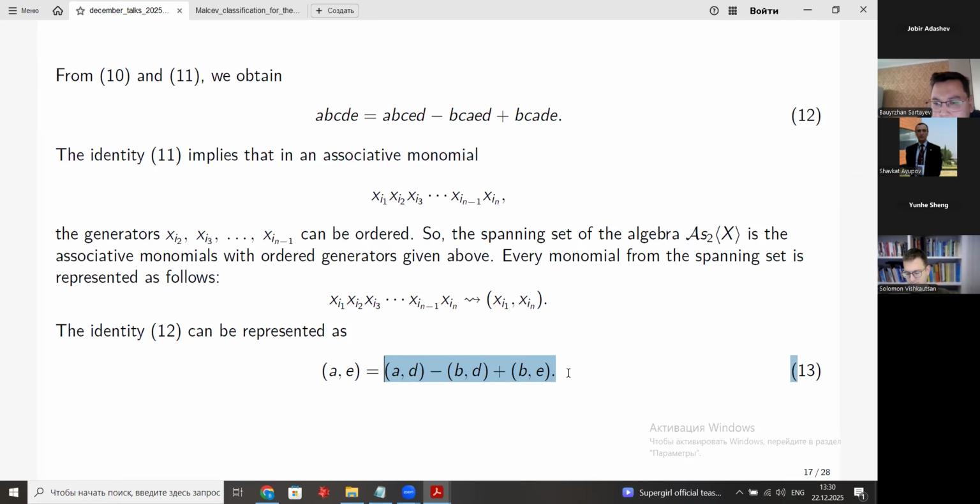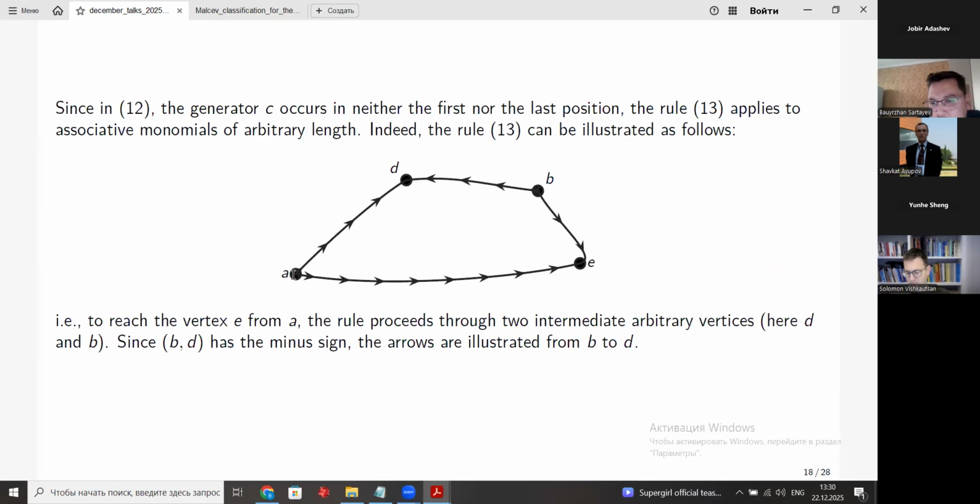We use these three paths. Firstly, we go from A to D. Then the next step, the sign. Logically, if you want to reach from A to E, the arrows must be from B to D and from B to E. Of course, logically, it must be like that.